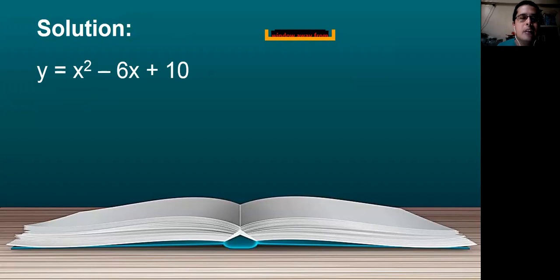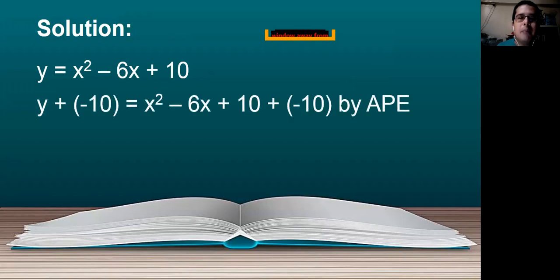By the addition property of equality, you're just going to add negative 10 to both sides of your equation. Your 10 here is cancelled out because 10 plus negative 10 is 0. Of course, y plus negative 10 on the other side.